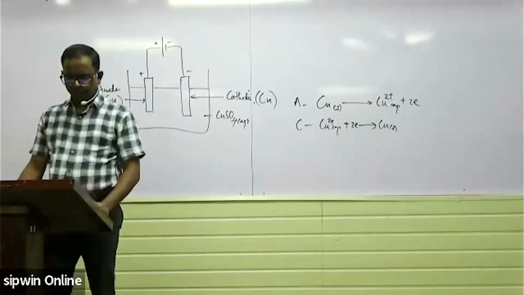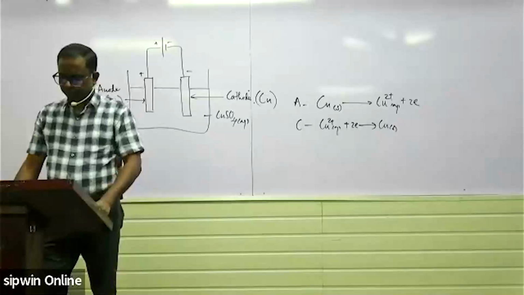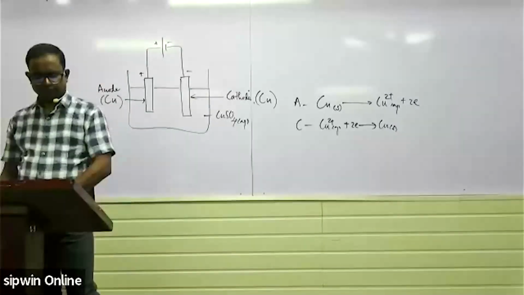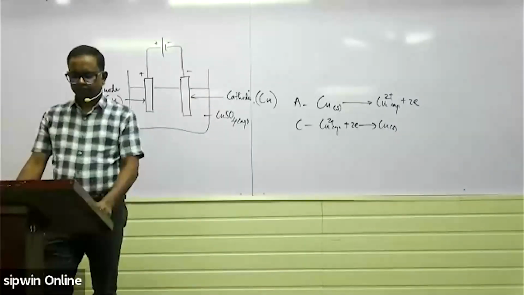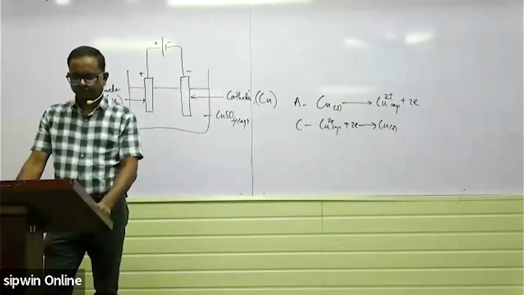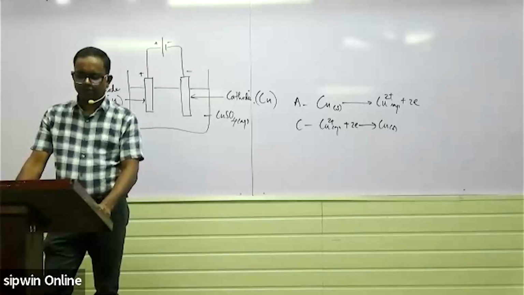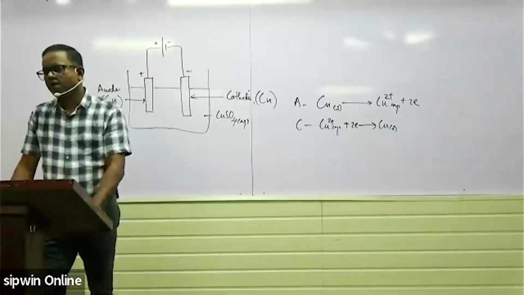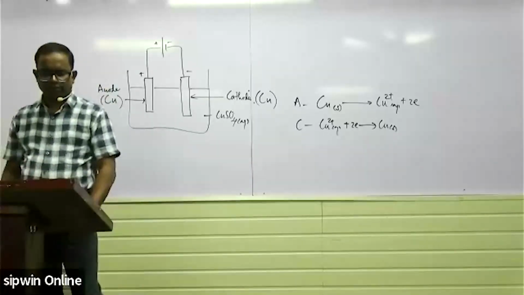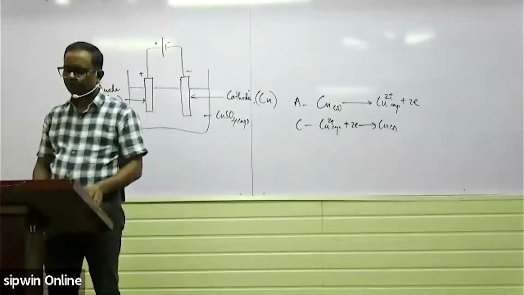Usually for the aqueous sodium chloride solution we use graphite electrodes.